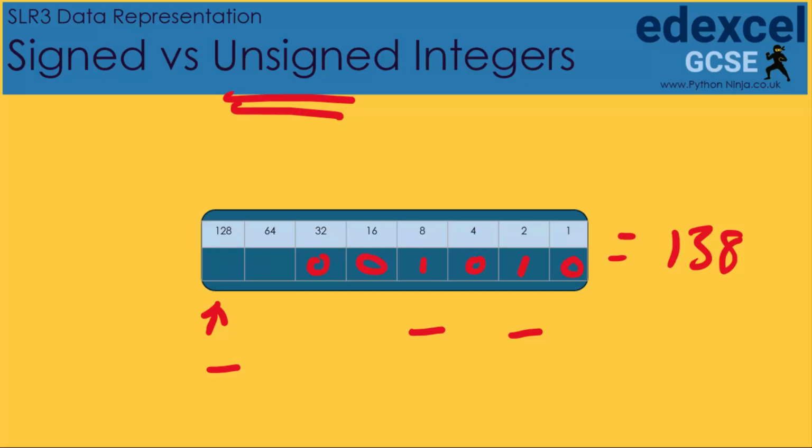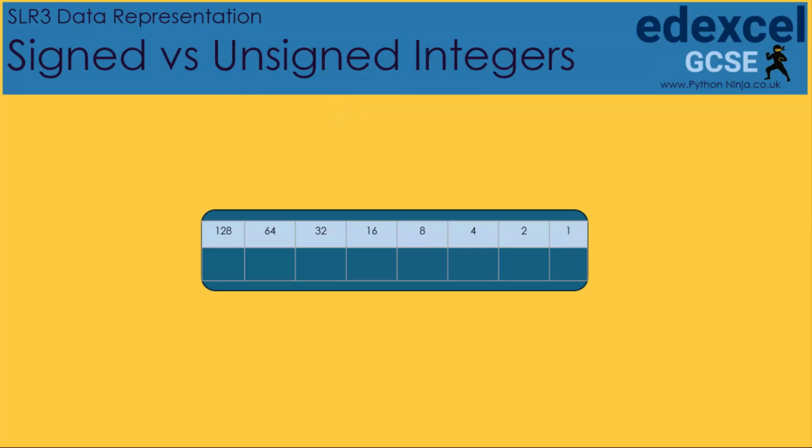Okay, let's do another one. Okay, a signed integer. So what is this value here? Okay, pause the video, work it out for yourself. Okay, you've unpaused, answer in 3, 2, 1.